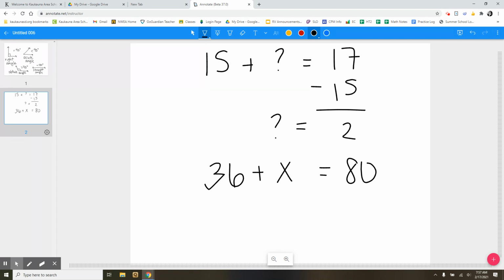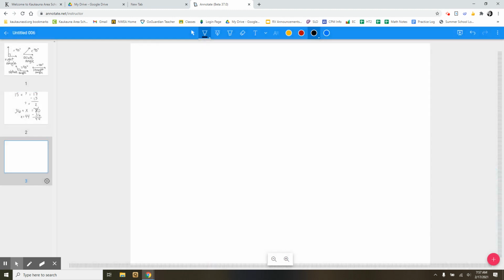Again, you can always check by saying if 80 is my end goal, I can take away the information that I already have to find out that my missing value is 44. Okay, and so we're going to use the same idea to figure out what is the missing angle value. What is that missing angle value? Let's take a look at that.